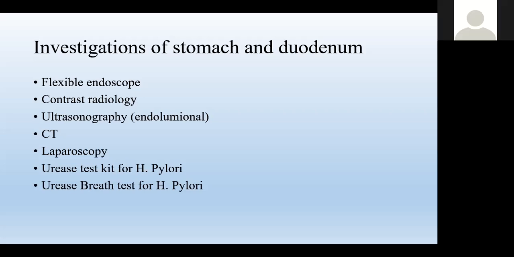And ultrasonography, especially endoluminal ultrasonography, means that the ultrasonography probe is inserted into the esophagus and then the ultrasonography is done. It is usually useful when you are suspecting malignancy, an intramural malignancy in the wall of the stomach or the duodenum.